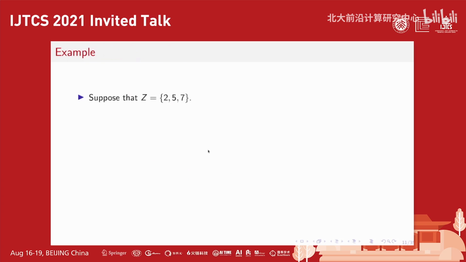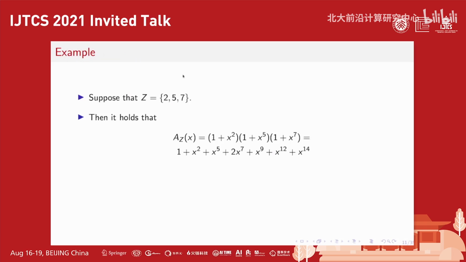For example, suppose that the input set contains 2, 5 and 7. Then, by computing this polynomial, we get as a result these terms, and notice that the exponent of each non-zero term corresponds to a possible subset sum of our initial set.